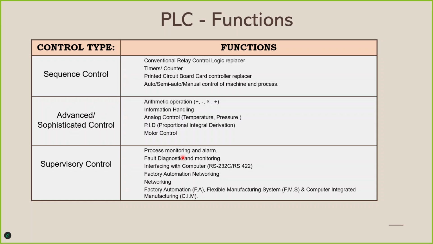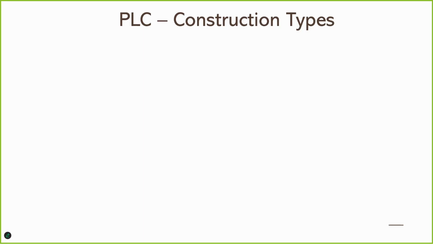If you are able to detect smoke in this space, then raise an alarm, switch on the water. It's also able to do fault diagnostics and monitoring. A PLC interfaces with different devices, computers, whatever. It's able to do factory automation networking and so many things, so forth.